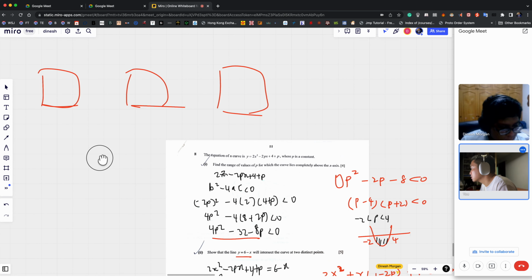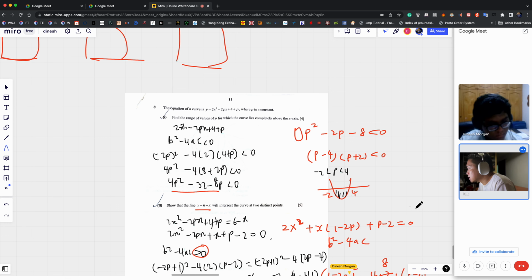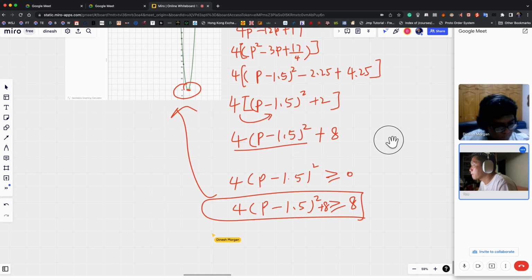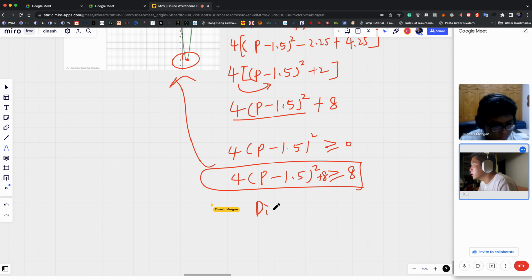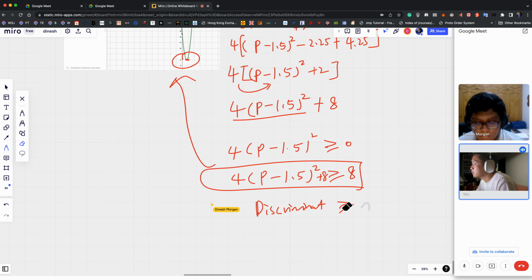What the question asks is to show that it intersects at two distinct points. So the discriminant is bigger than or equal to 8, which means it's definitely bigger than 0, not equal to 0.